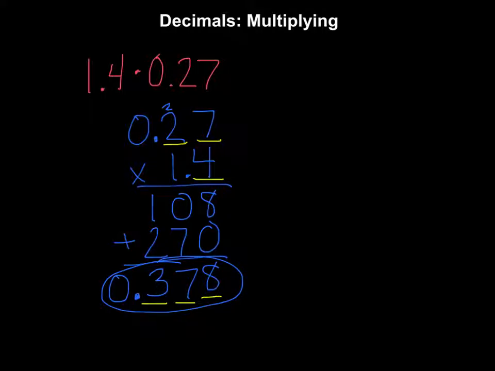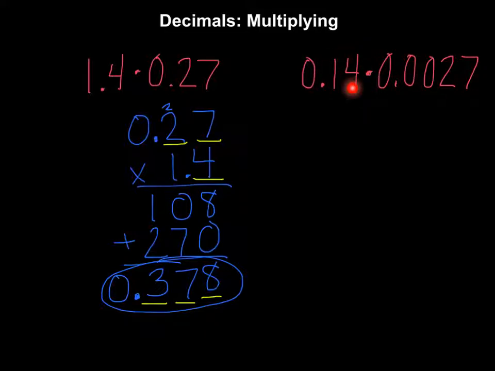For our second example, let's change this just slightly. This time let's do 0.14, and let's multiply that by 0.0027. So again, notice that if I ignore the decimals, this is pretty much 14 times 27.